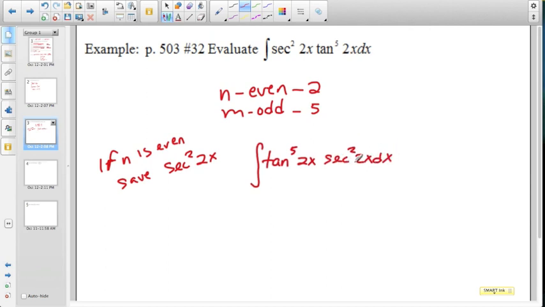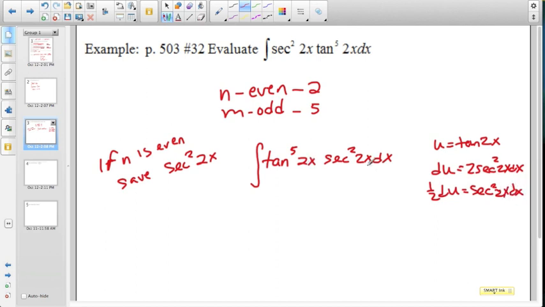We're saving this, which means we're substituting out this, so we're going to do u equals tangent of 2x. When we take the derivative of that, don't forget the chain rule here, we get 2 secant squared 2x dx. So that's a 1/2 du that we're looking for to substitute out our secant squared 2x dx.